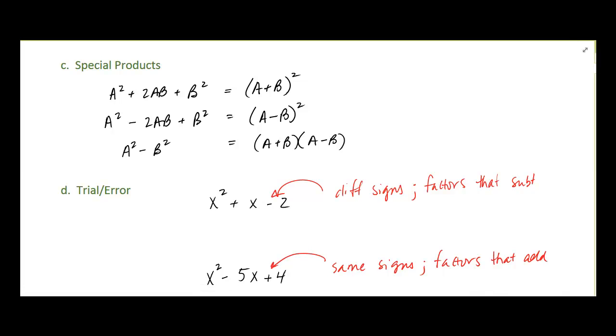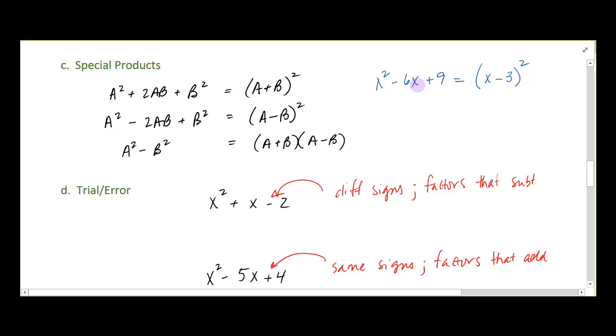A quick example of something that looks like that would be, let's try x squared minus 6x plus 9. The first and the last terms are both perfect squares because this is a positive 1 and this is a 9. And that looks similar to this example right here. This is the difference one, and it's going to factor into the square root of the first term, which is just x, minus the square root of the last term, which is 3, quantity squared.